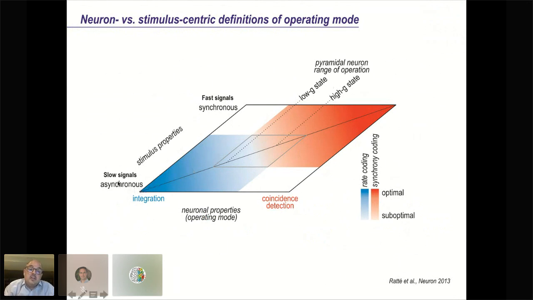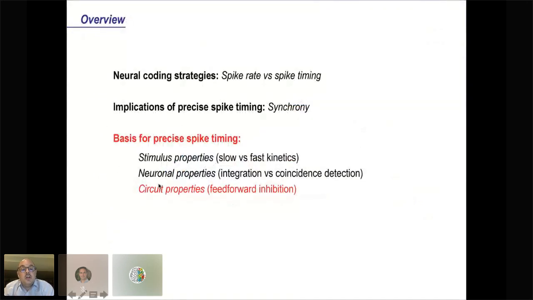But this also depends on stimulus properties, whether you have slow signals or fast signals, which, if you think about the kinetics of the signal in terms of the synchrony or asynchrony of presynaptic neuron firing, all of this starts to get wrapped together. But even this, right, is incomplete, because we also need to consider circuit properties.